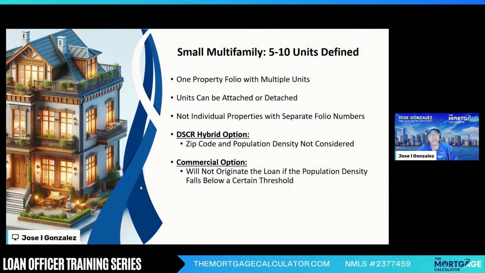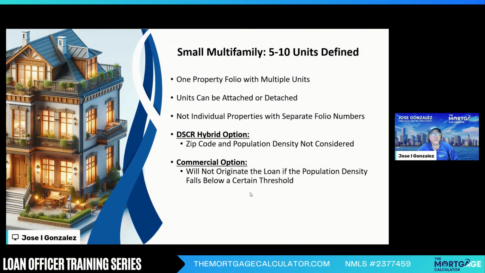If it's a really big piece of land, it could be individual structures that fall under the same folio number. That would be less common, because typically all units are part of one structure. Individual properties with separate folio numbers would be under our blanket loan option.